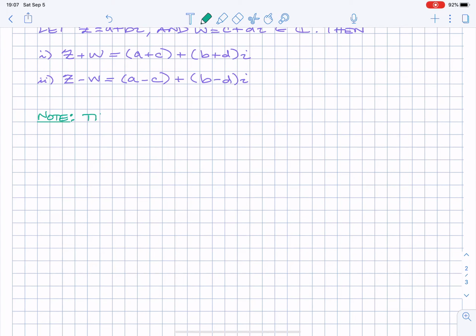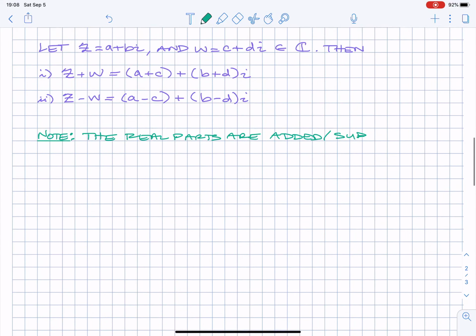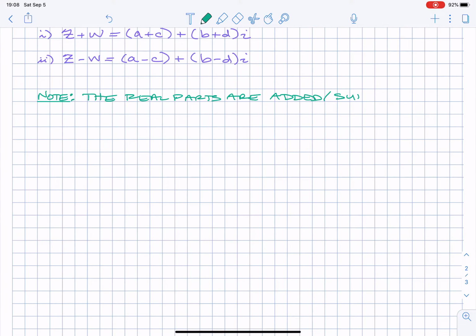The real parts are added or subtracted, to which we always add.